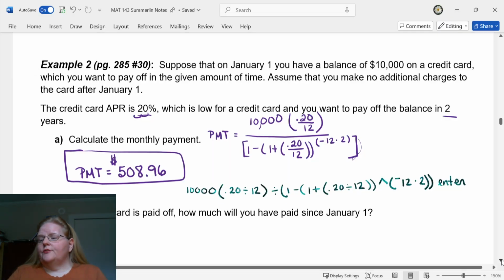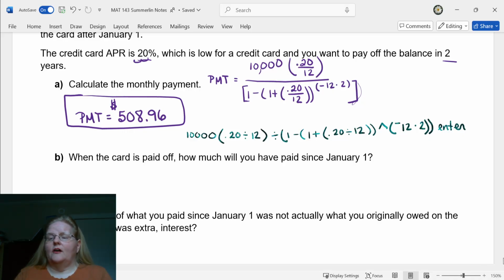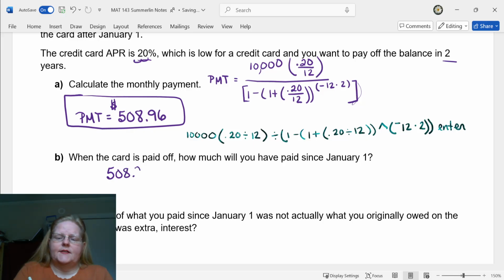Then they want to know how much you had paid once the card got paid off since January 1st. So in other words, what are your payments actually going to, how much did you pay when you paid off the card? If you're paying $508.96 every month, for 12 months, for 2 years, you know that there are $10,000 on the card.